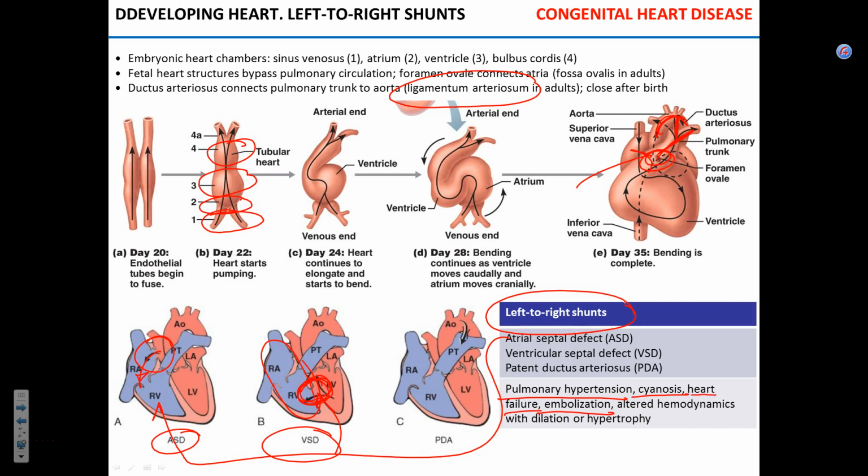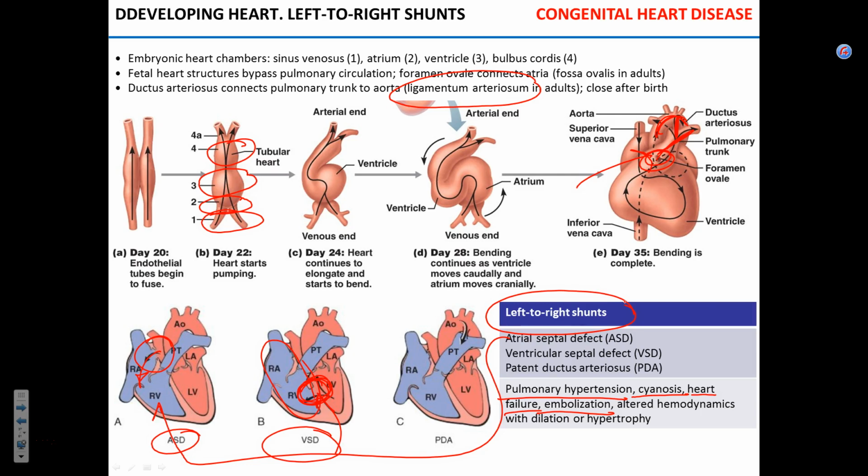Thrombosis, heart failure, and all other terrible stuff. Okay? Now, I'm not going to ask symptoms, but I want you to be able to identify the term from its description. So, failure of closing of the interventricular septum, ventricular septal defect. We good?